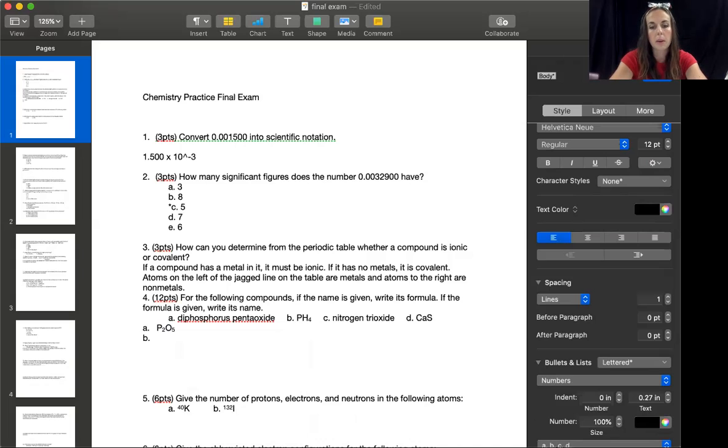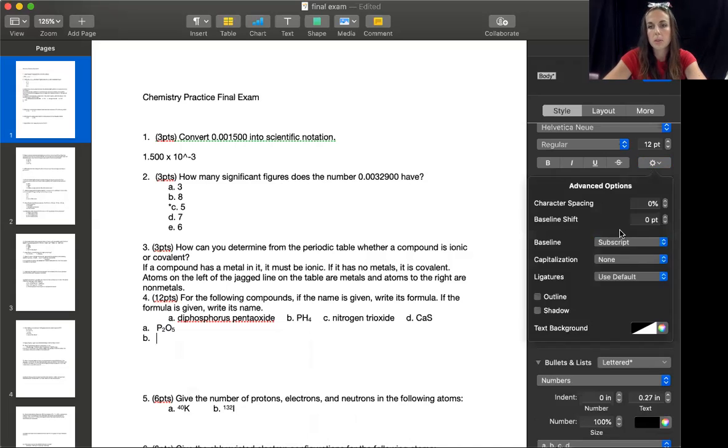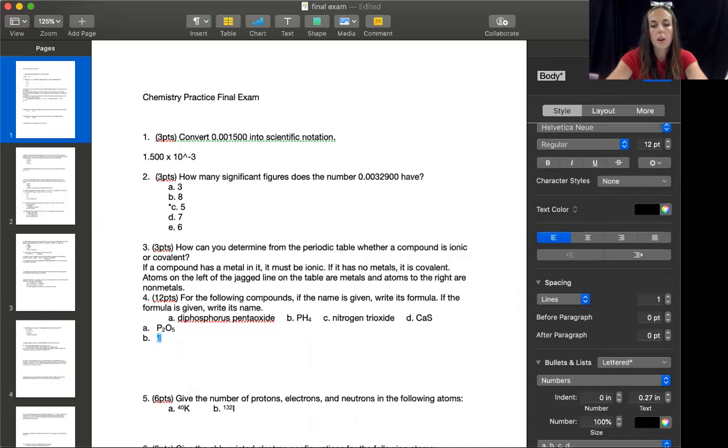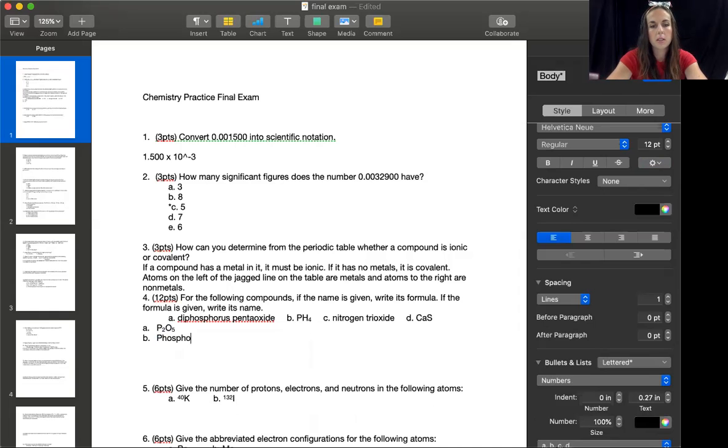So let's see, we have phosphorus, and we have H4. Oh goodness, I forgot what 4 is.